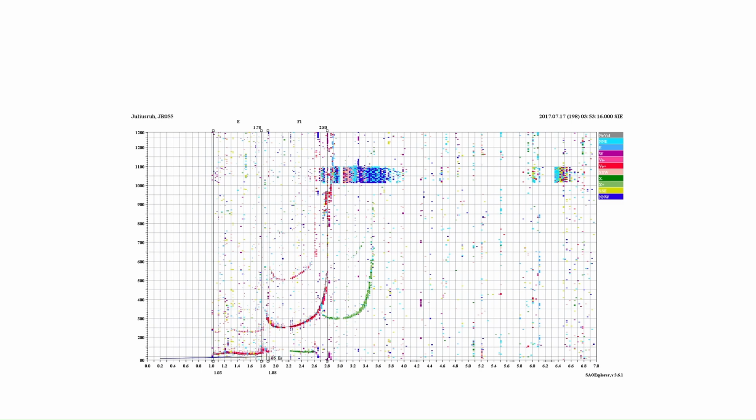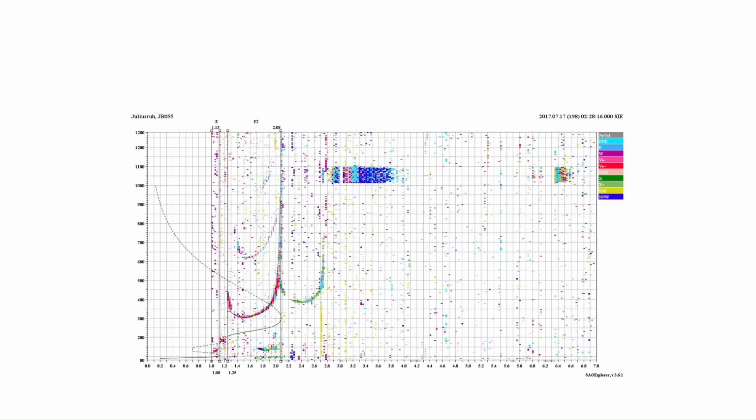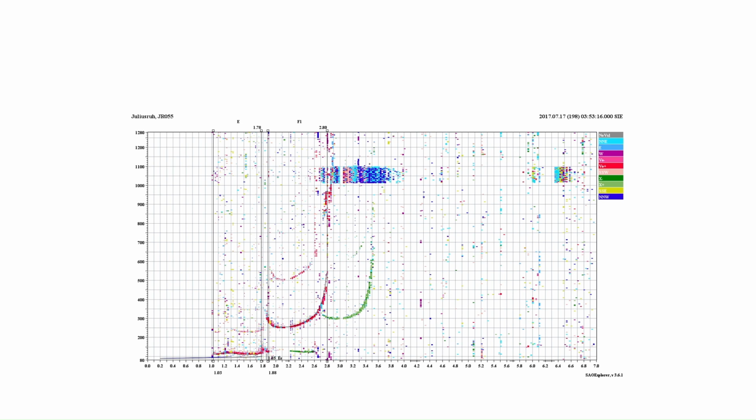And then, if you noticed over this entire period, that F2 trace just keeps on dropping. Once we get to this point, we can look back at our predicted values, and we find that the foF1 at this point should be somewhere around 2.7 to 2.9 megahertz, which is right in the vicinity of where this is.